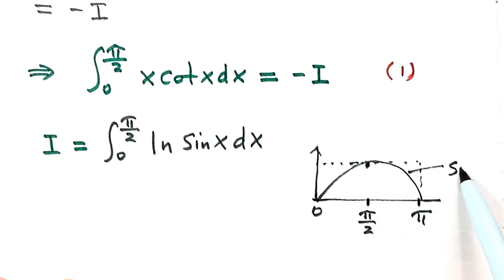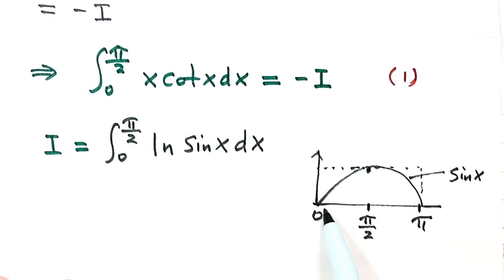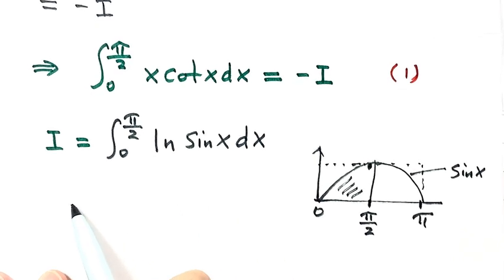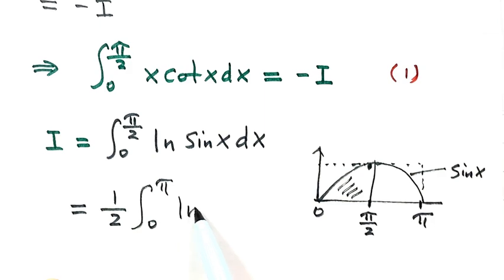From this graph, we can tell the integral from 0 to pi is twice the integral from 0 to half pi, because the sine curve in this interval is symmetric about half pi. So that means this integral is half of the integral from 0 to pi of log sine x dx.